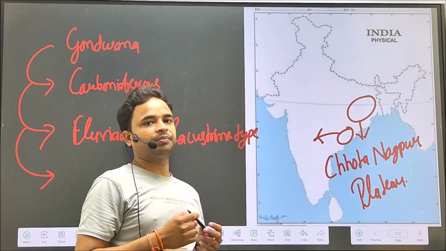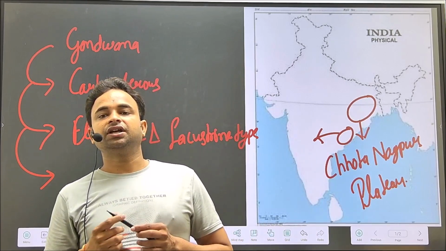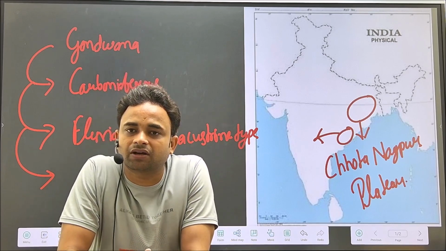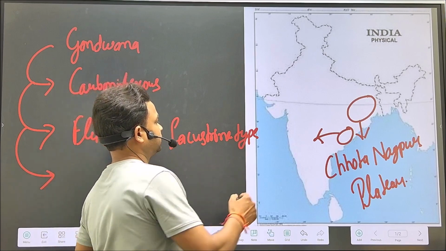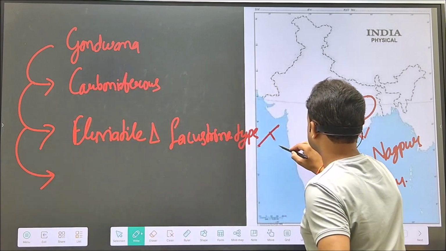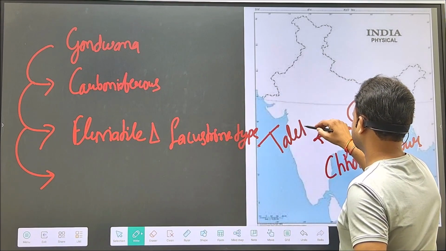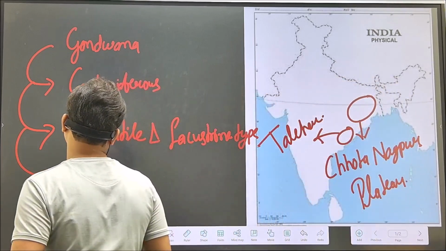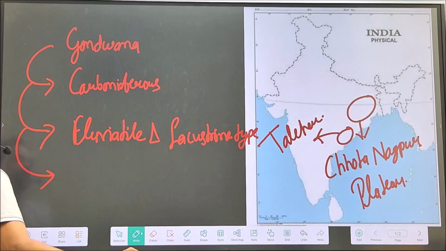Talcher is a place in Odisha. There you can find the youngest Gondwana rock, Talcher in Odisha.